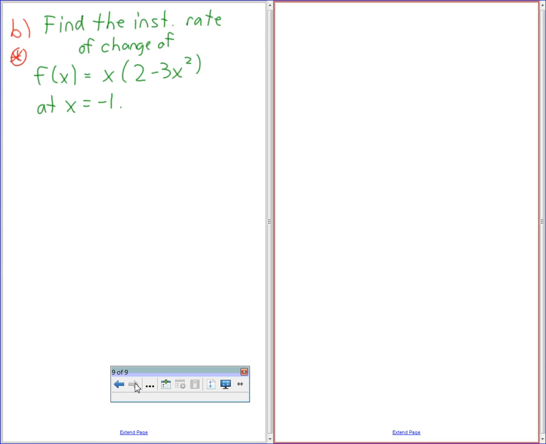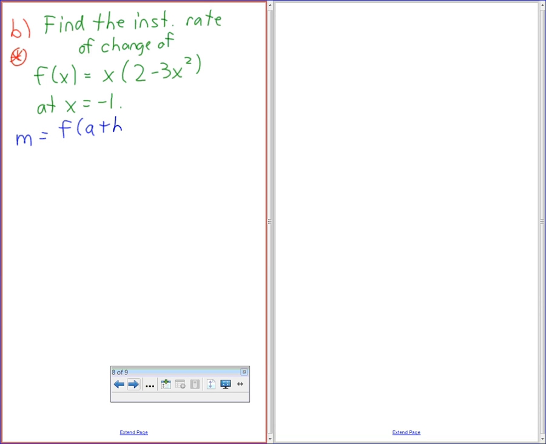Here we go. So I'm going to write my equation. M equals f of a plus h minus f of a, all over h. I'm going to change this, as I said before, to 2x minus 3x cubed. Okay? You can do it if you want to. Fox did his as negative 3x cubed plus 2x, and that's fine too.